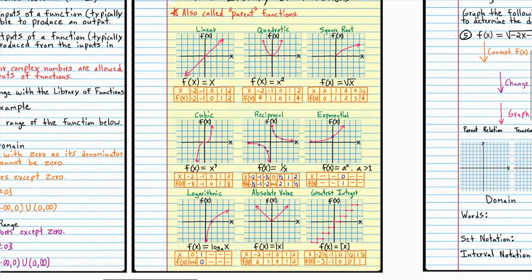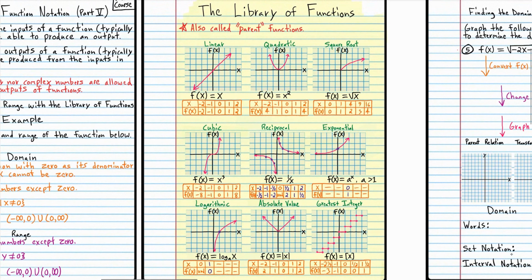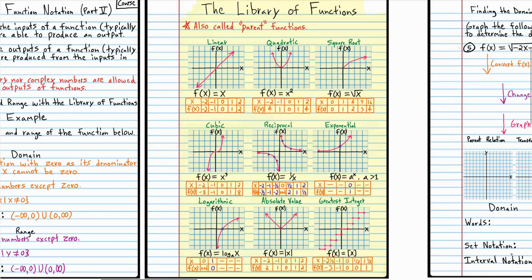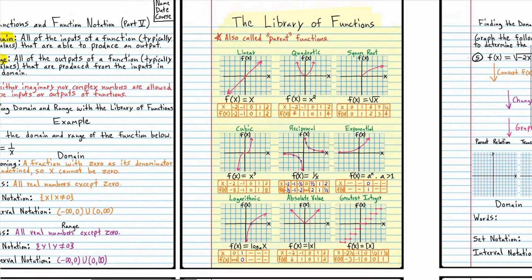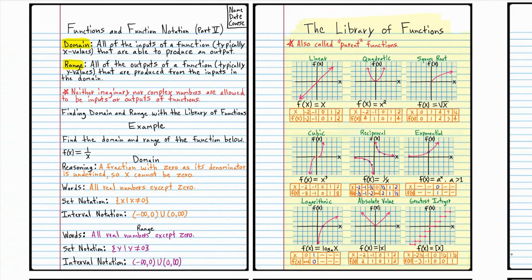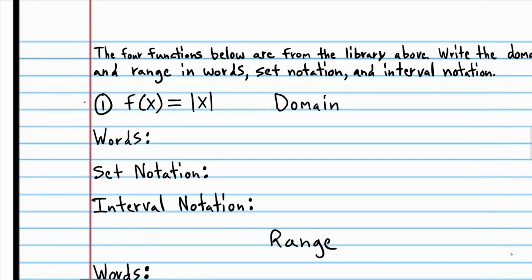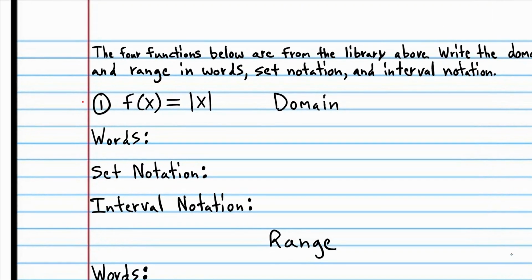So we can find the domain and range of all of these functions in our library just by looking at the graphs. So again, get a picture of the library of functions. You're going to need that library as we work along today. And now we're going to practice finding the domain and range of some of those functions in the library.